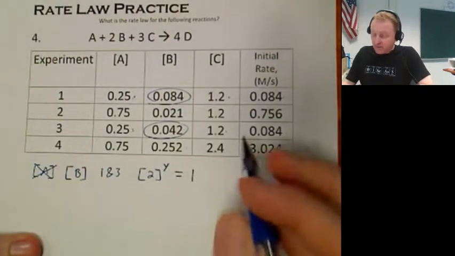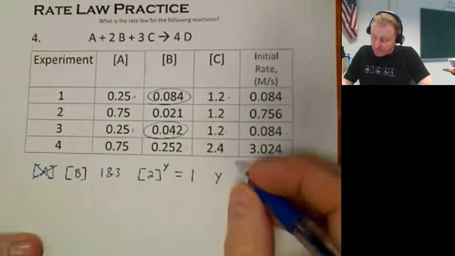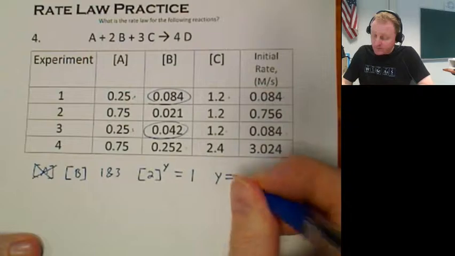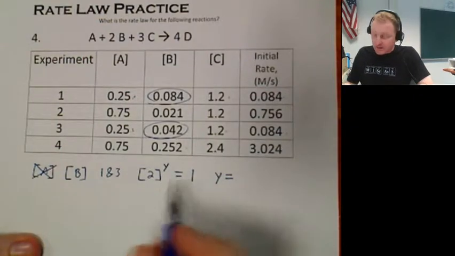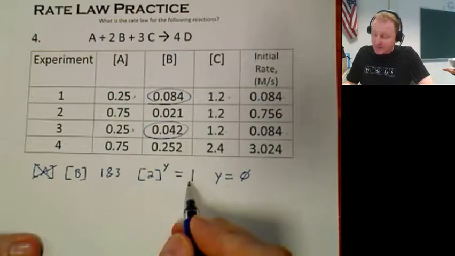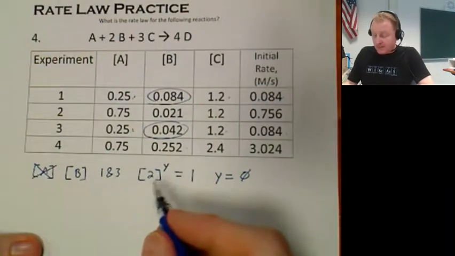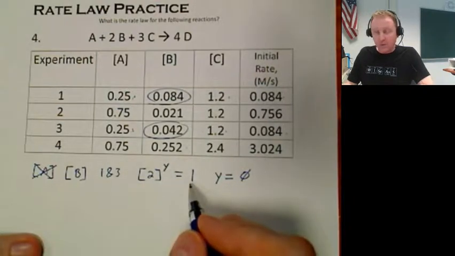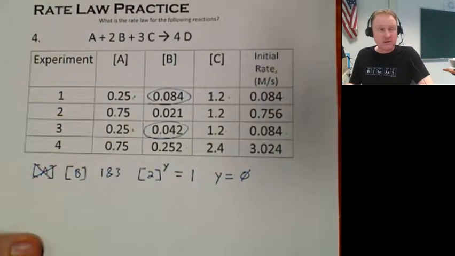So therefore, the order for B would be zero order, because the concentration doubles but the rate of the reaction didn't change, then 2 to what power is 1, and that would be 0. Anything to the 0 power is 1.